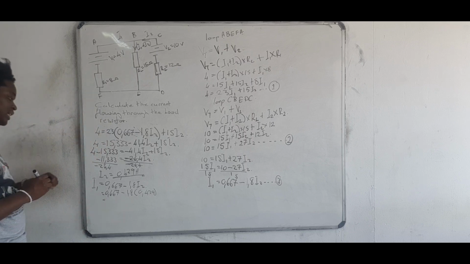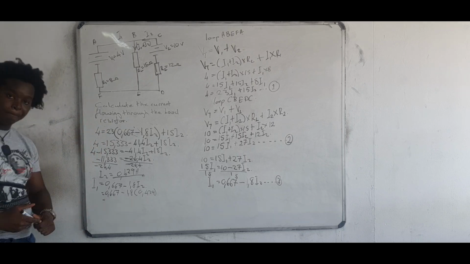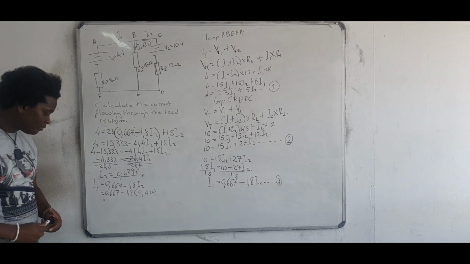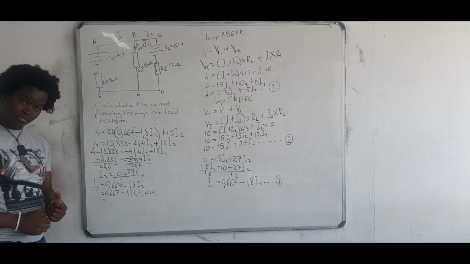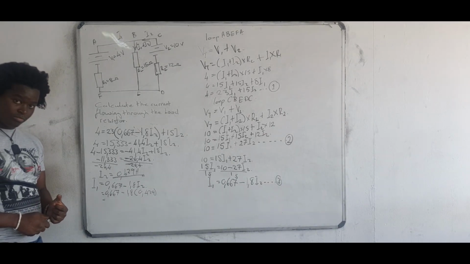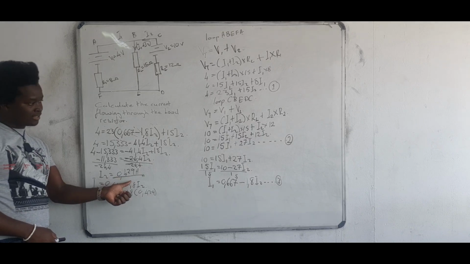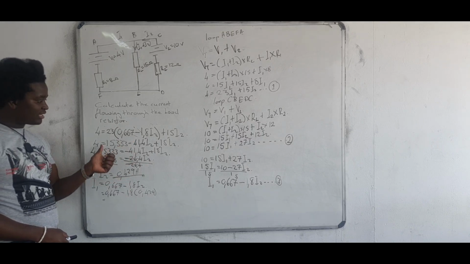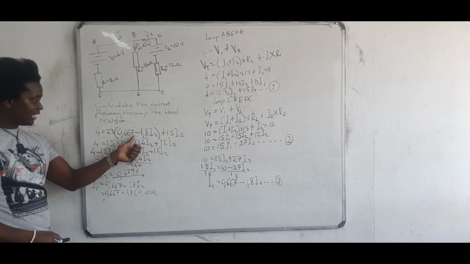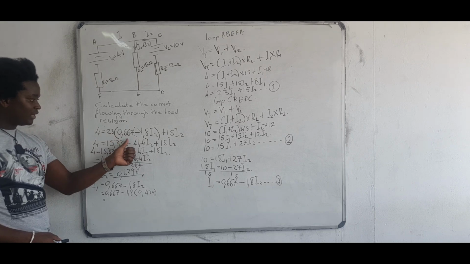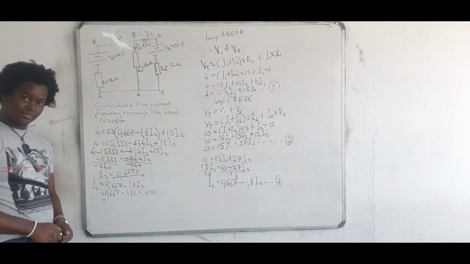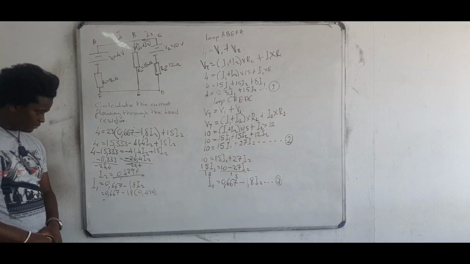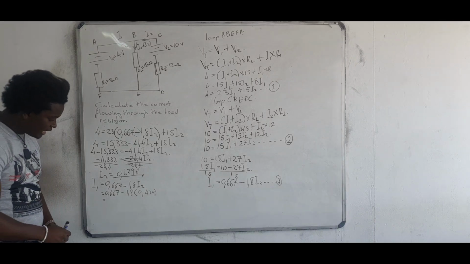If you punch everything into the calculator, what do you get? This is the most correct answer, because the calculator would have given you a rounded off answer. It's negative 0.105.